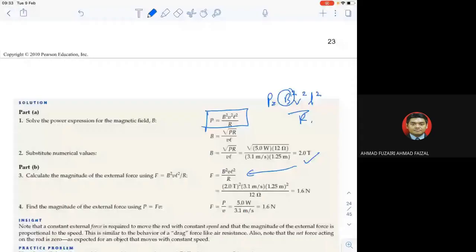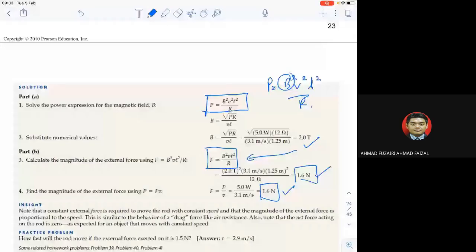Or maybe you can use a simple one, that P equals F V, or the B squared V L squared over R right here. It's up to you, because the answer is the same, 1.6 Newton.